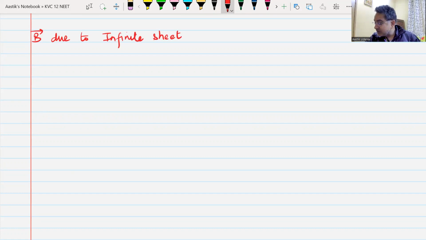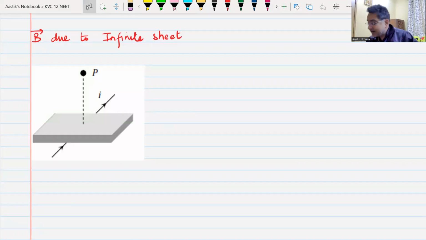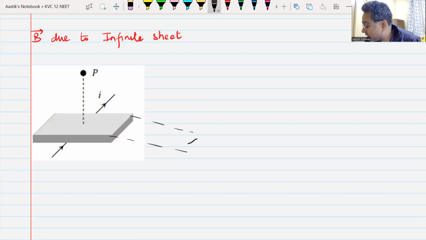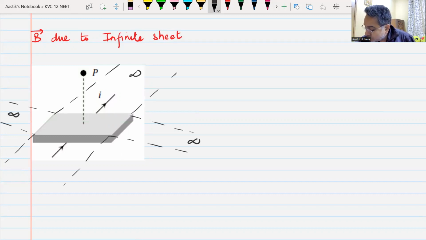Infinite sheet means a sheet which is infinite in length and infinite in breadth. So that means this edge is not ending. This edge is going till infinity. This edge is going till infinity. This edge is going till infinity. And this edge is also going till infinity.